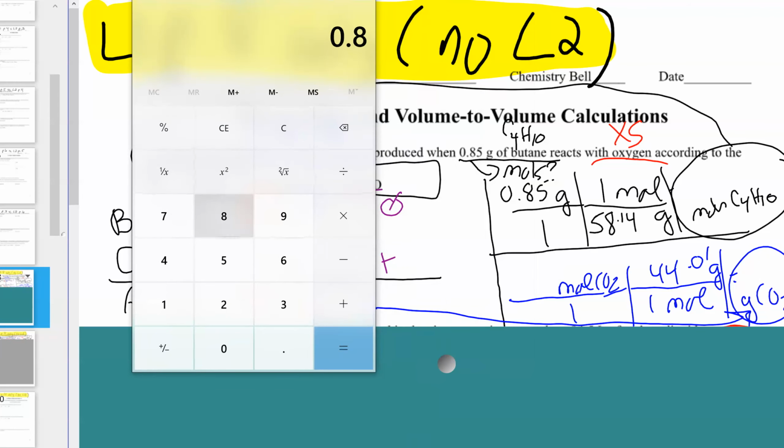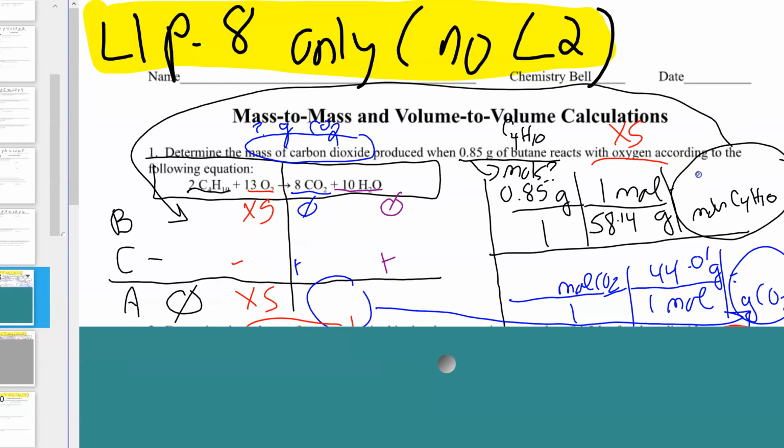We're going to take 0.85, divide by 58.14. There were 2 sig figs in the problem, but let's keep 3 in our work. So it's going to be 0.0146. This number comes in right here, 0.0146. That's my moles of butane.